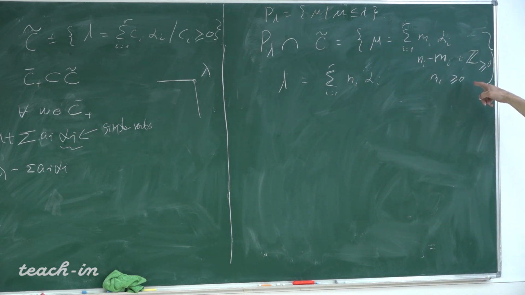So now I think it's clear that you have a finite number of such things, right?